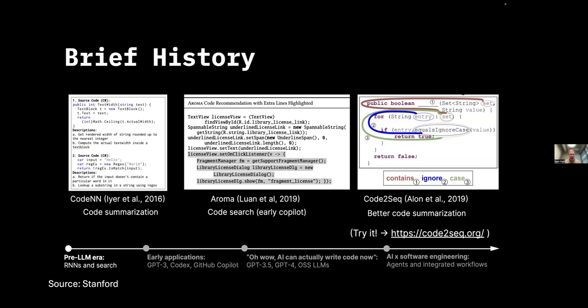Great. So, a brief history. What is code? What is generating, and why are we here? There's been a whole line of work, mainly starting from the pre-LLM era, where we could train a form of recurrent neural network model on generating code, such as this code neural network from 2016, and it could also summarize code. Then we got into early applications, the GPT era, which stands for generative pre-trained model, in this case Codex, or GPT-3, GitHub Copilot.